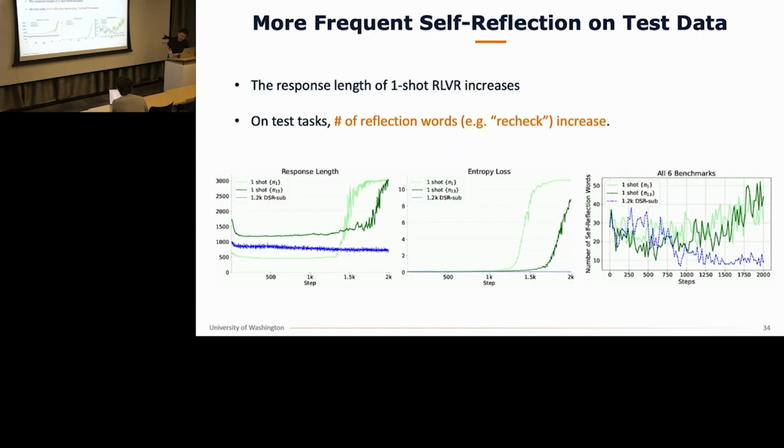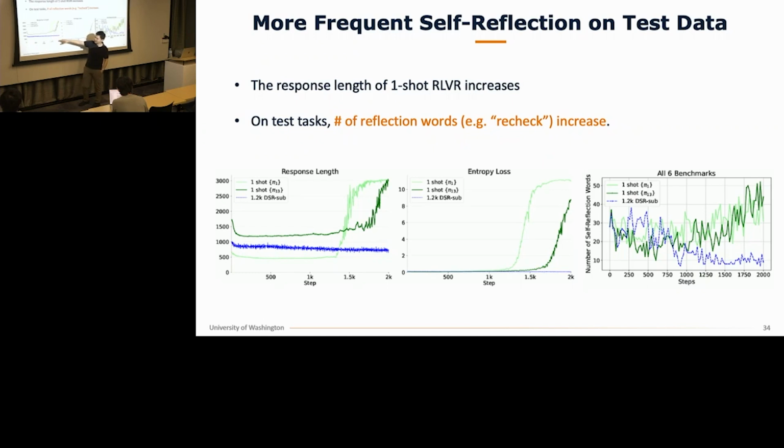All right, so back to the question on the length of the output. Yes, we do observe longer and longer output, especially using one training example or a few examples. Here this is the response length.